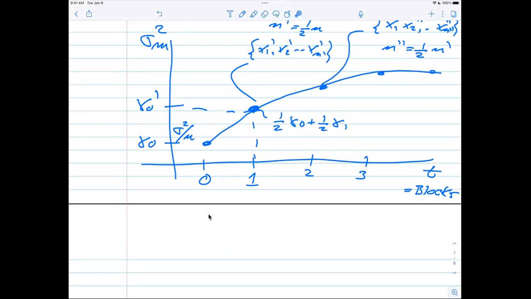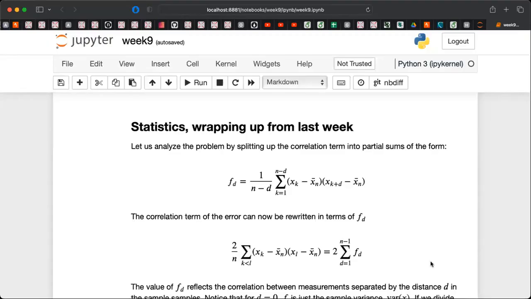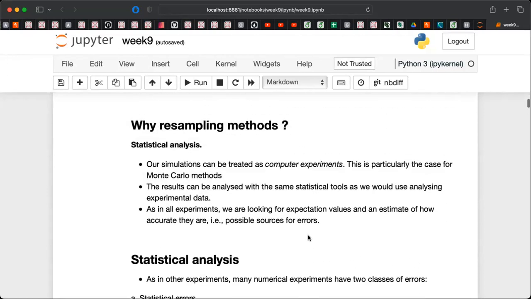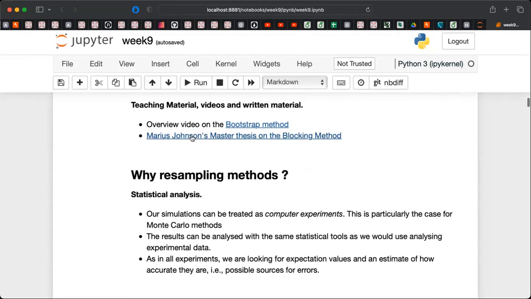So let's switch back to the Jupyter notebook here and take a quick look at how we can implement this. And I recommend, and that will also save you time, to use the codes which Marius actually developed. And these are the codes which I've taken and implemented in this implementation here.